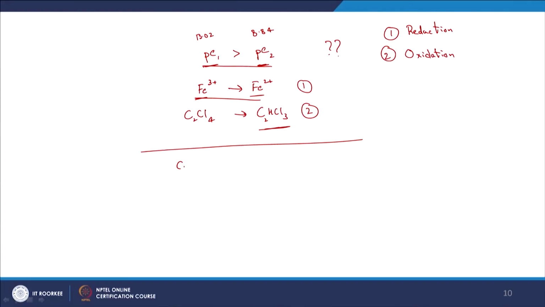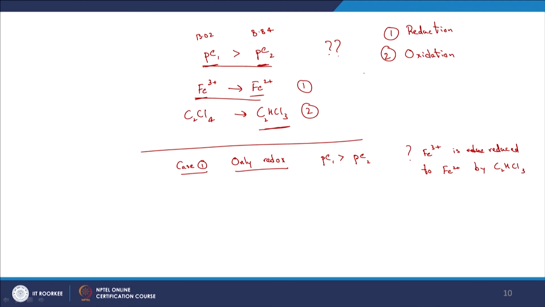So for now we looked at case 1, only redox, and we see that PE1 is greater than PE2, right. What does that mean? That Fe3 plus is reduced to Fe2 plus by C2HCl3.